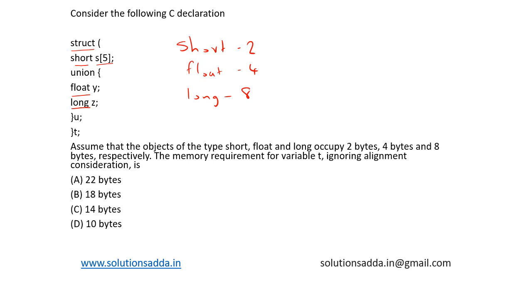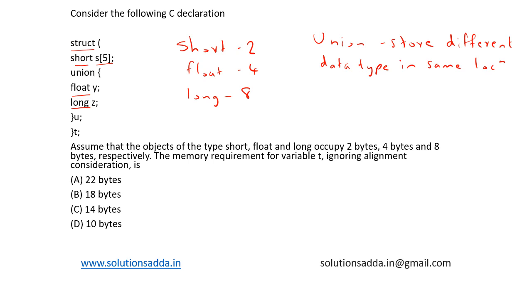So the basic concept to understand here is that the total size would be the sum of all the data members inside a structure. That is one point. The other point is that, what is union? Union is a user defined data type that is used to store different data types in the same memory location.